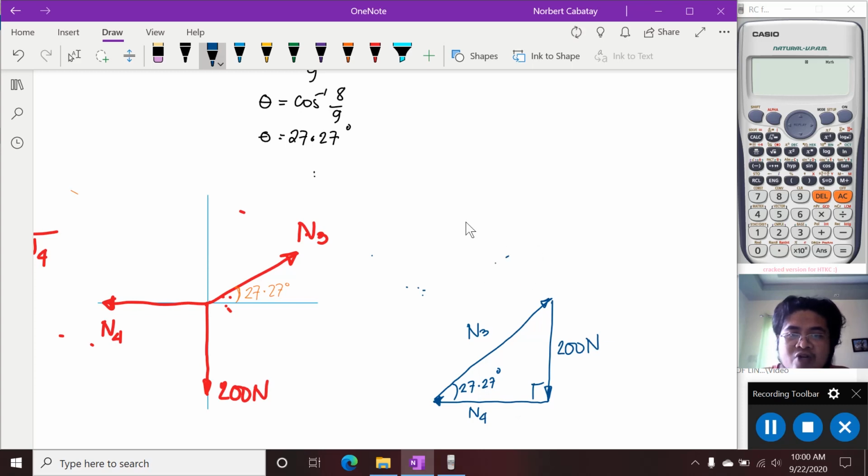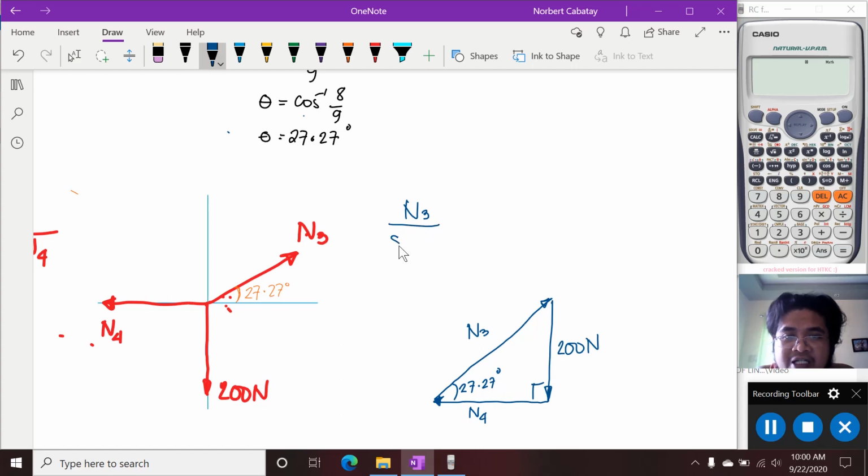So, kung gagamit po kayo dyan ng mathematics, pwedeng sine. Pero, sabi ko nga, to generalize our solution, pwedeng sine law. So, si n sub 3 ay nawawala.